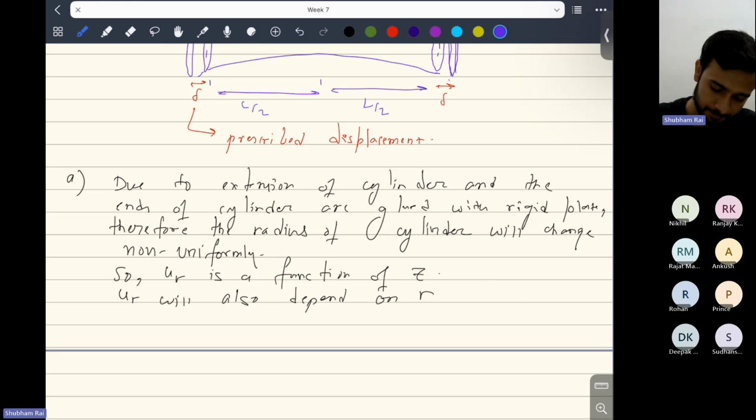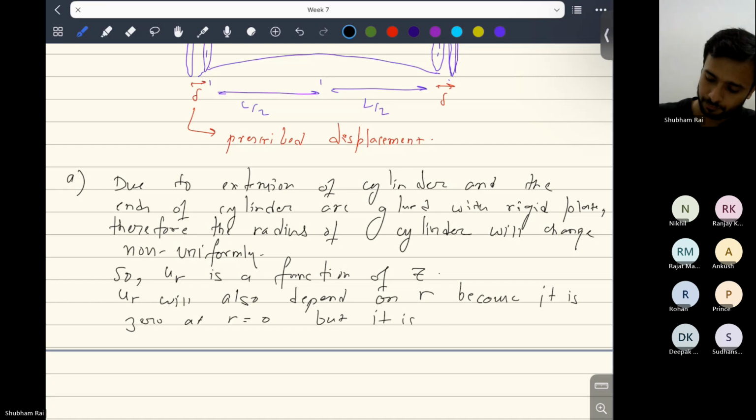So UR is zero at r equal to zero, but it is non-zero for other values of r.